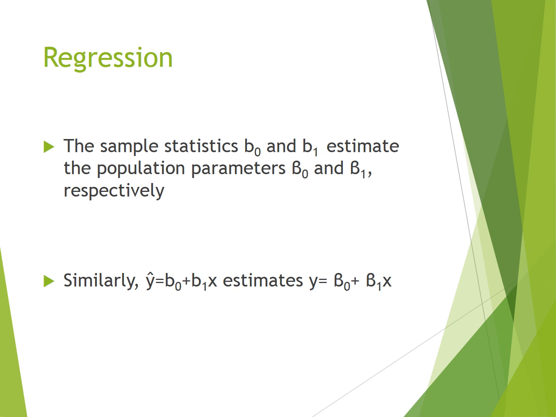That's my sample. That line comes from my sample data, and it's used to estimate y equals beta sub 0 plus beta 1x. Remember, b0 and beta 0 stand for the sample y-intercept and the population y-intercept, and b1 and beta 1 stand for the sample slope and the population slope. And if you remember from high school, the slope of a line is the rate of change of the y variable for each unit change in x.